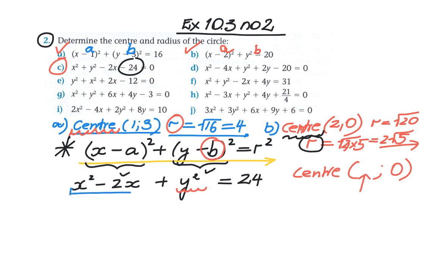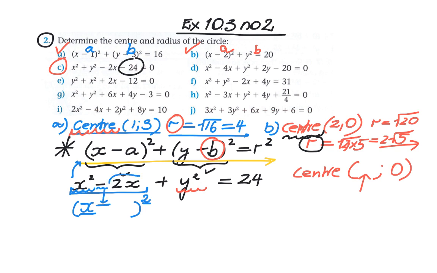To do that, we need to look at these first 2 terms given. If I want to place them into a bracket with a perfect square, I know that I will have x as a first because x squared will give me the first term. If I'm multiplying out, then this minus must remain the minus.